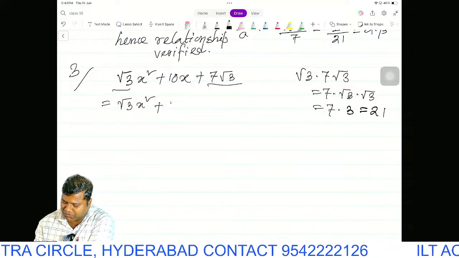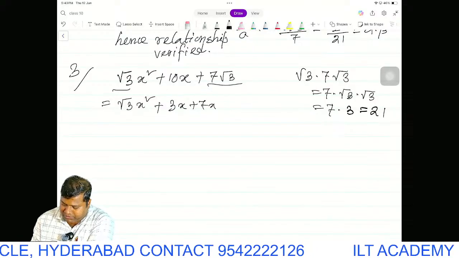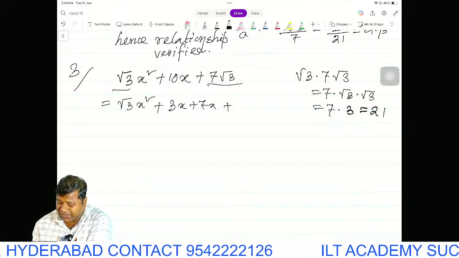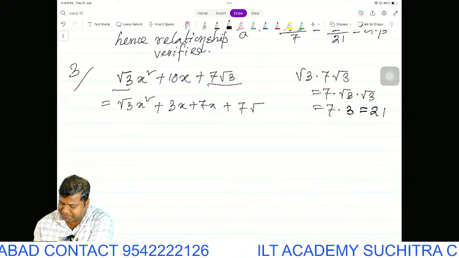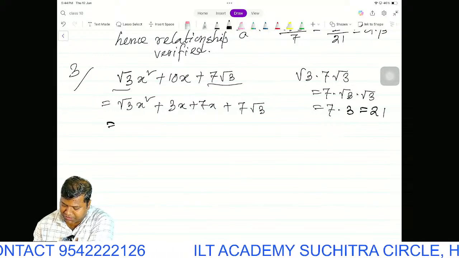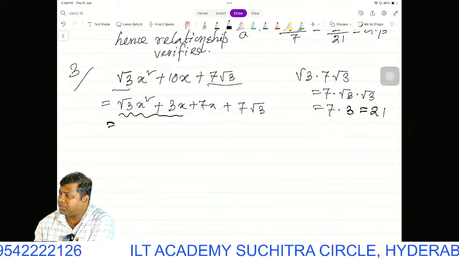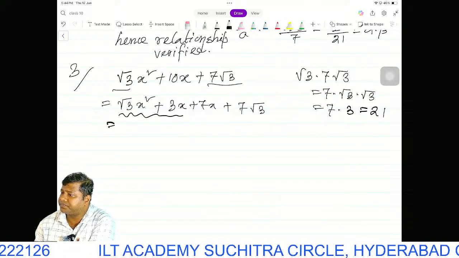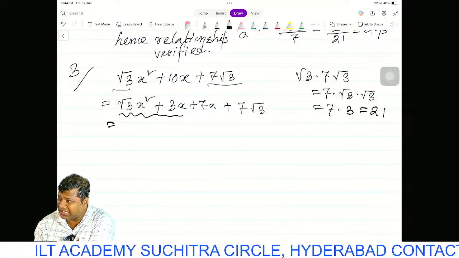Right? So this is what? 3x plus 7x plus 7 root 3, right? So this means what? From the first two, what should I take as common? Tell me. Only x.